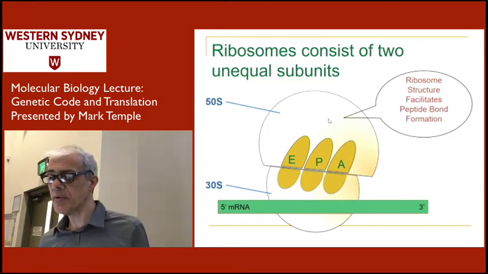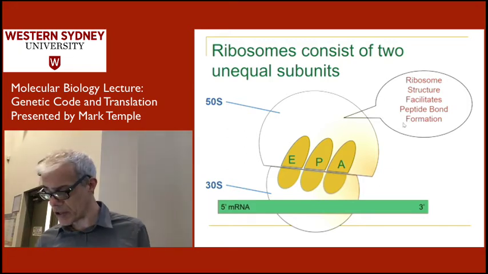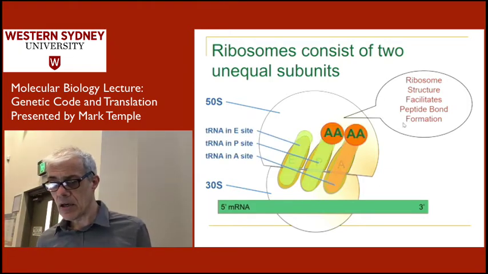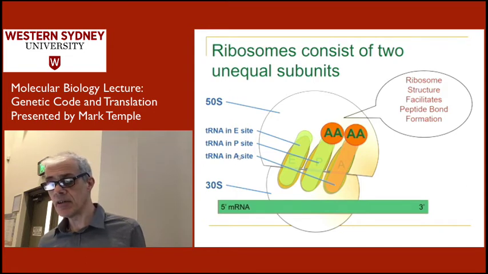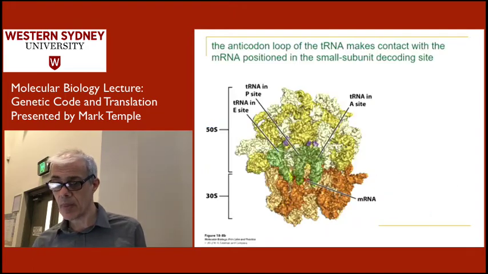Like I said before, the large subunit carries out peptide bond formation, and in the A site here will be the incoming transfer RNA, which has an amino acid attached to it. In the P site will be the growing polypeptide chain, and the E site will be where the transfer RNA exits.